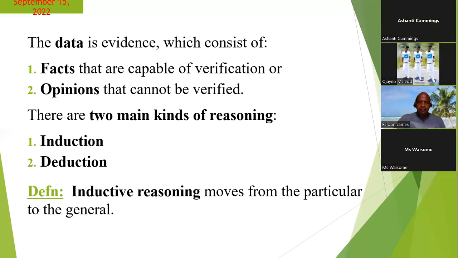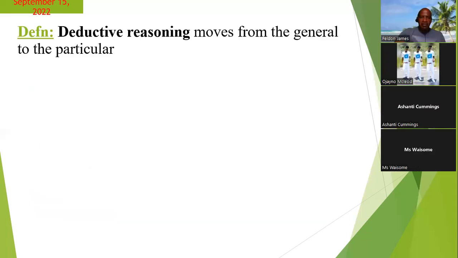All right, good. So now we have another reasoning that we call deductive reasoning. Whereas inductive reasoning goes from the particular to the general, deductive reasoning goes from the general to the particular. So they're kind of the reverse of each other.